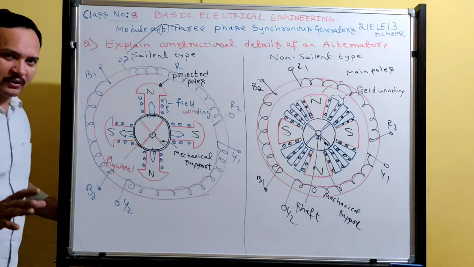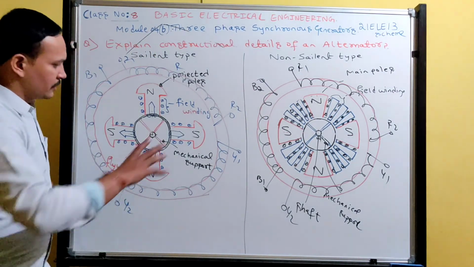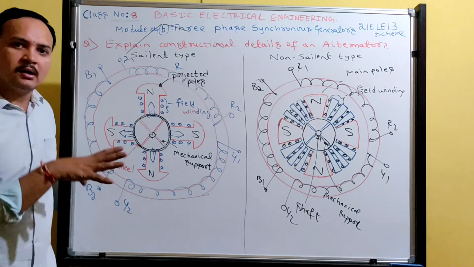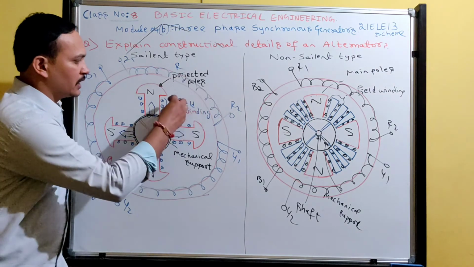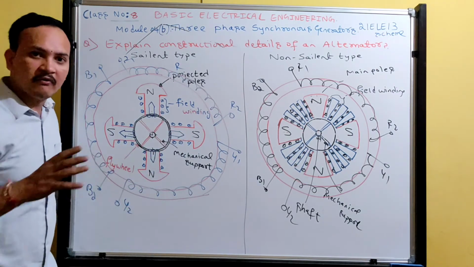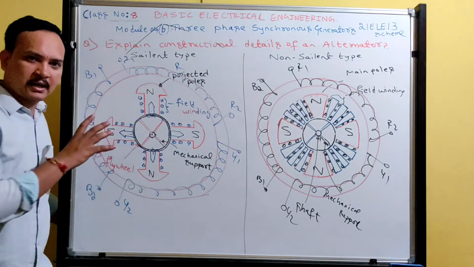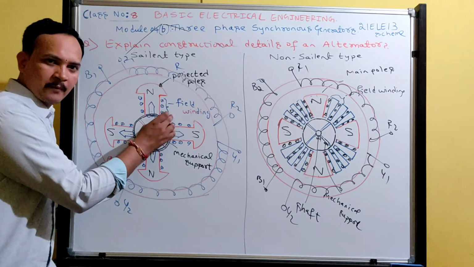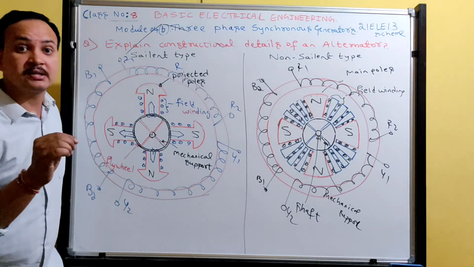Now let's see how the working will happen. See, this is a rotor. The rotor is mounted on the shaft, and we are giving supply to all these field windings. These circles are there, no? These are all called field windings. All these field windings are connected in series. We are giving a DC supply to those field windings with the help of a slip ring and brush assembly.